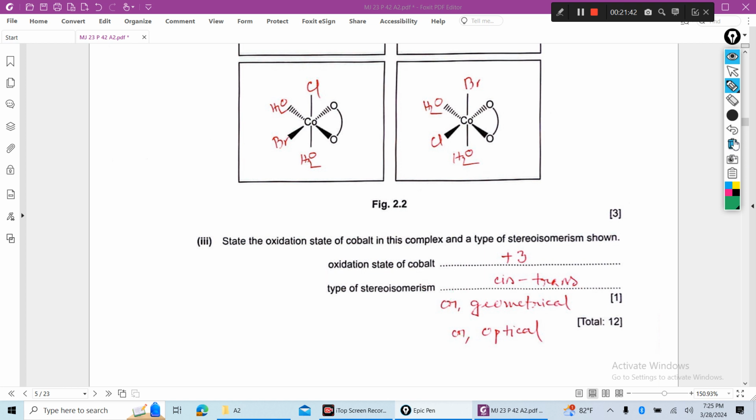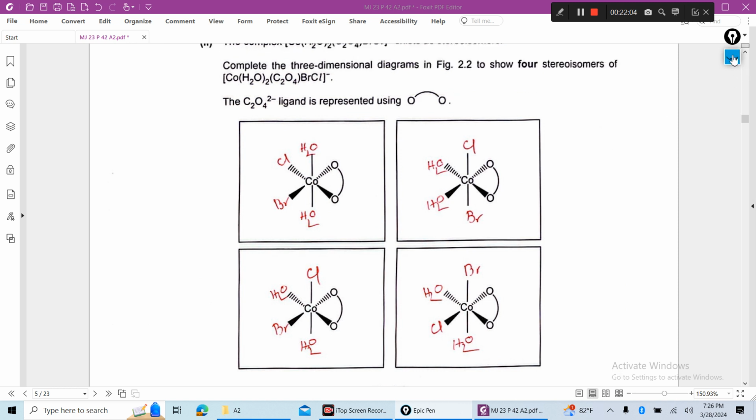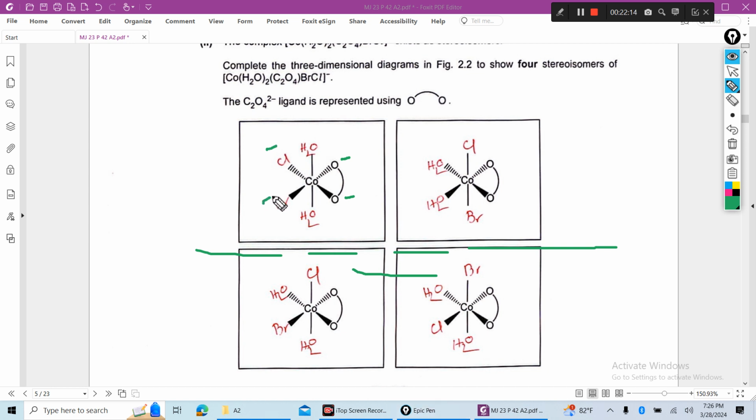Then you are asking, state the oxidation state of cobalt in these complexes and the type of stereoisomerism shown. So the oxidation state of cobalt is +3. Why +3? You see, oxalate -1, this -1, chloride -1, -1, total -4.